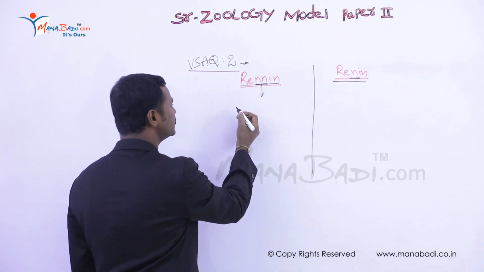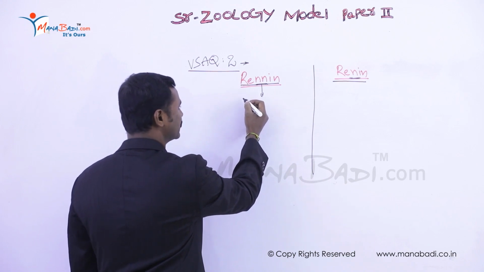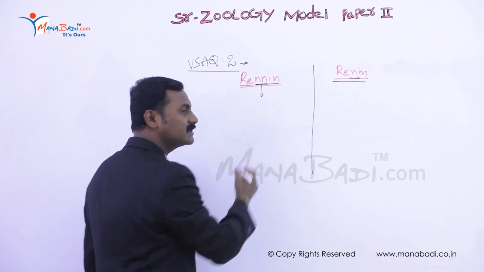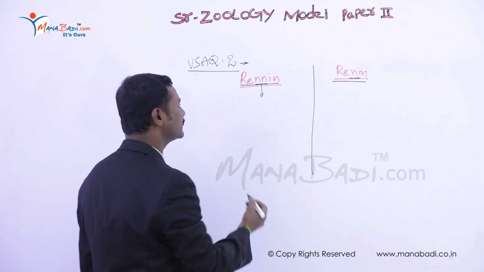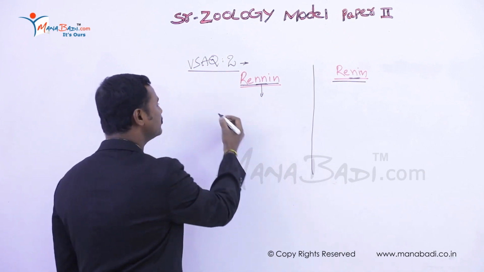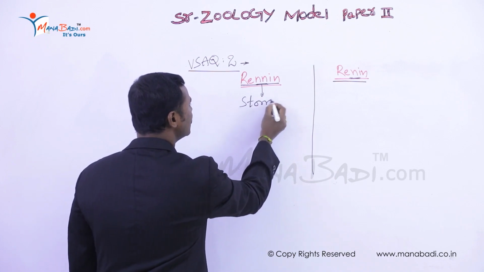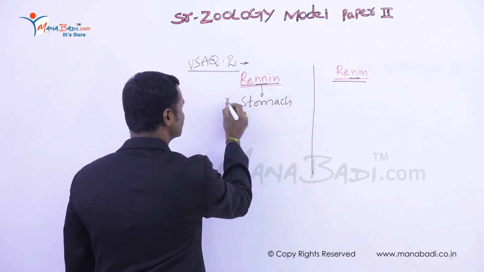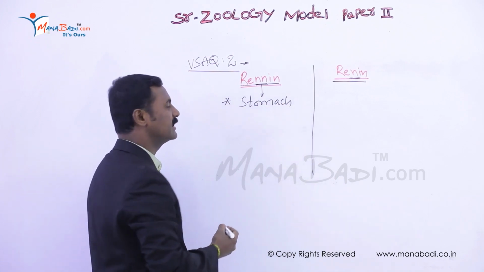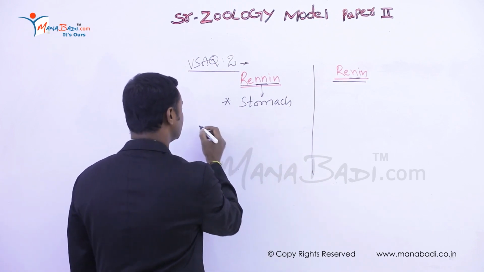Generally this rennin is present in the stomach, especially in young children who are suckling mother's milk. So the first point: it is present in the stomach of infants. What is its use?